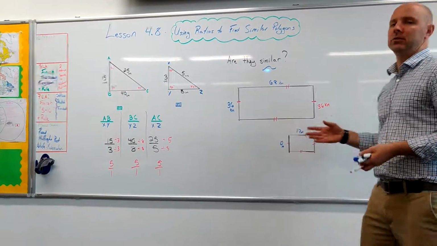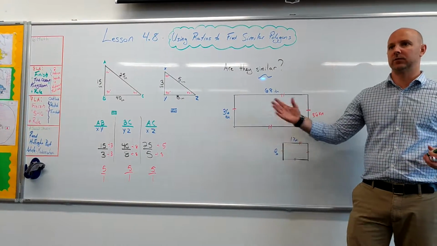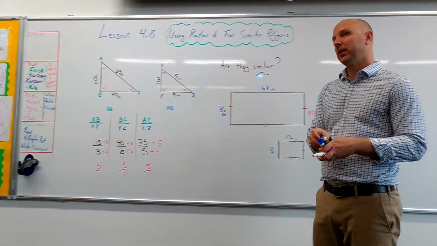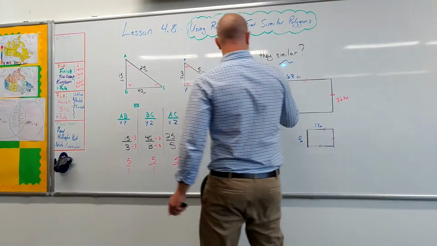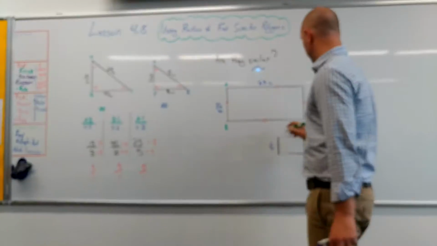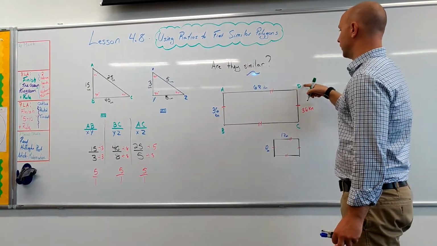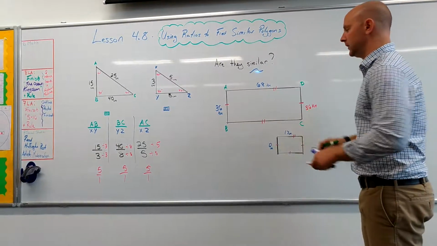The next thing I need to do, if it hasn't been done for you in the worksheet, the test, the book, or in life, is label each section. I'm going to call this side AB, this one BC, this one over here CD, and of course this would be DA or AD. It could work either way.